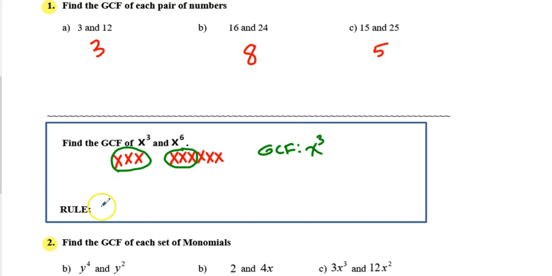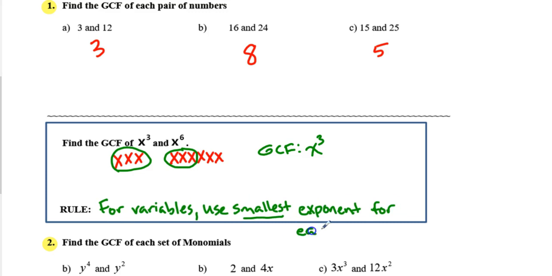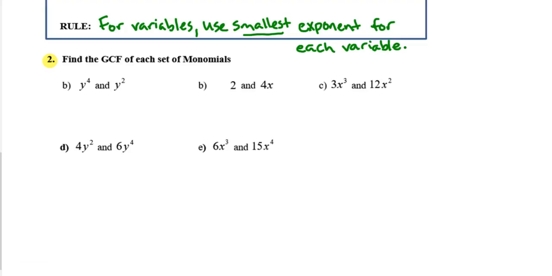So what you're going to do is, for variables, use the smallest exponent for each variable. So let's do one of these together, and let's have you do the remaining one.